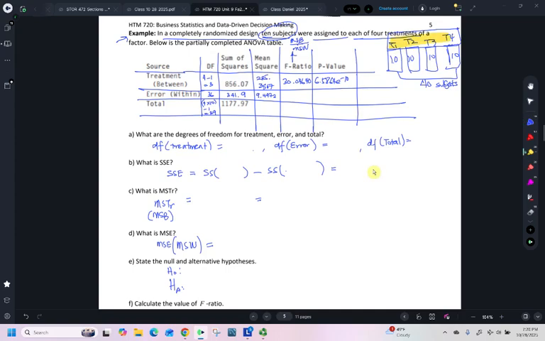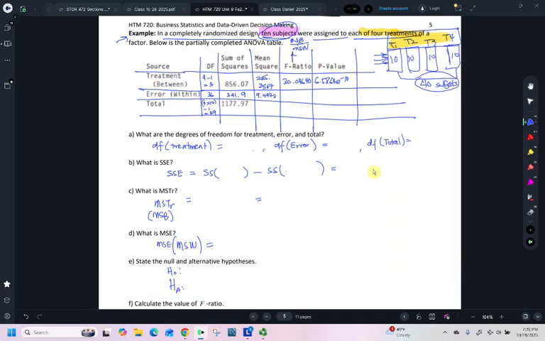So 4 treatments, and since for each treatment you have 10 subjects, that means if we're collecting data from each of the 10 subjects assigned to each of the 4 treatments, in total we'll have 40 values collected from all of the 40 subjects.